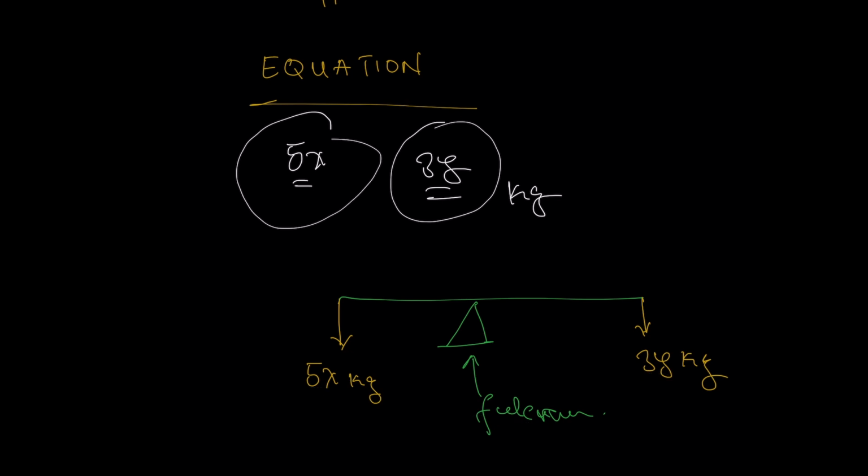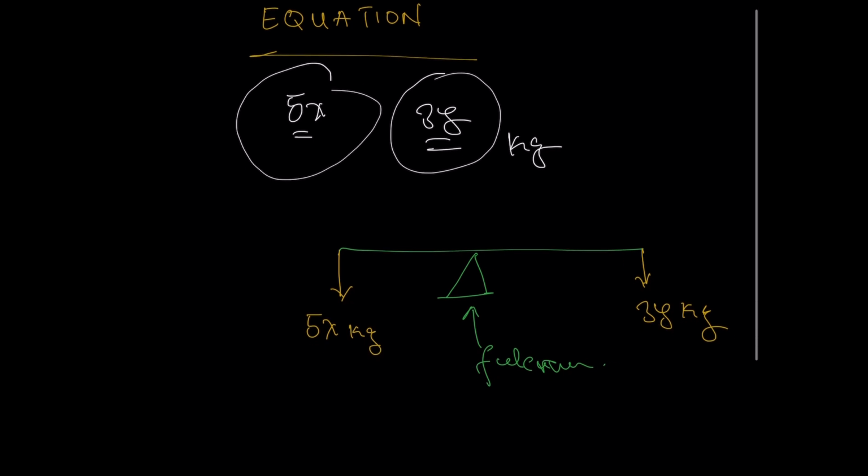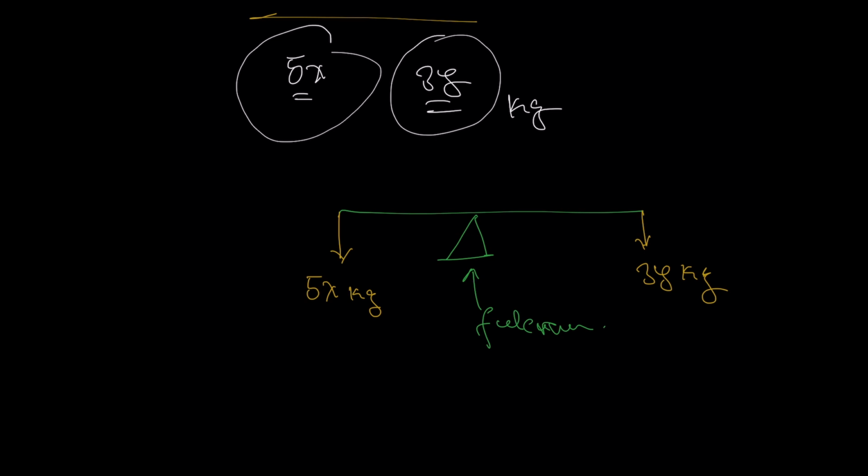So if these two weights are balancing, it will mean that you can combine these two expressions using an equal sign. So you'll say 5x equals to 3y. And the result of what you've gotten here is an equation.